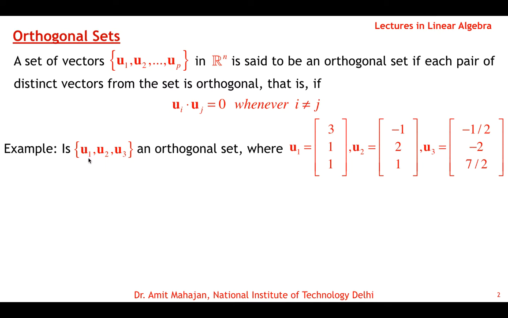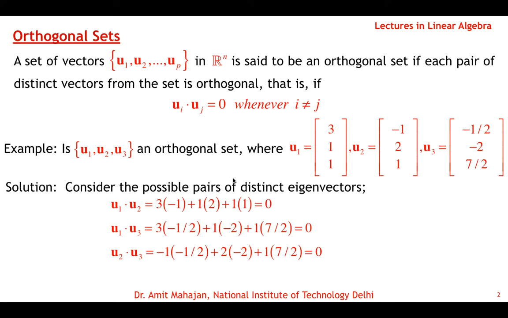There are three vectors, so there will be three pairs: u1 with u2, u1 with u3, and u2 with u3. u1 dot u2 and u2 dot u1 are the same because of the property of inner product.